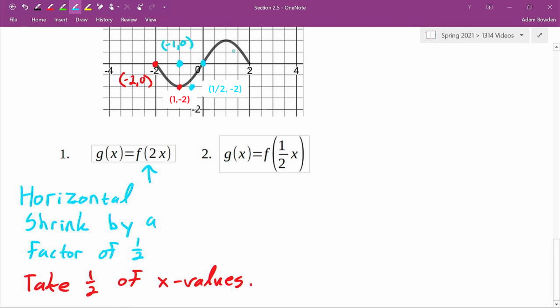And this point's going to stay the same. We're going to have a similar shrinking on the other side as well. So shrinking it by a factor of 1/2 would cause it to do this instead. So we took, again, 1/2 of the x values, leaving the y values the same, and it shrinks it in horizontally.